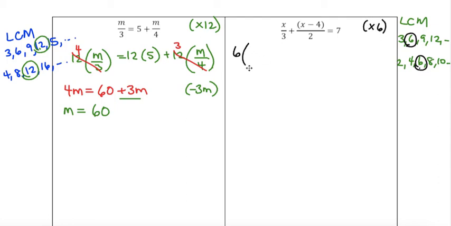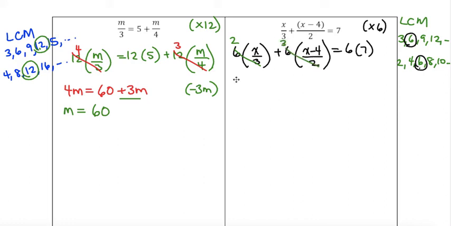So I have 6 times x plus 3, and I have 6 times x minus 4 over 2, and I have 6 times 7. 3 goes into 6 2 times, and 2 goes into 6 3 times. So I have 2x plus 3 times x minus 4 is equal to 6 times 7, which is 42.